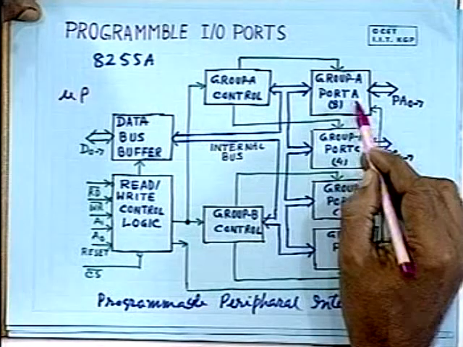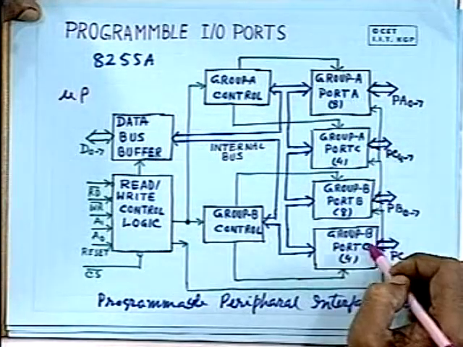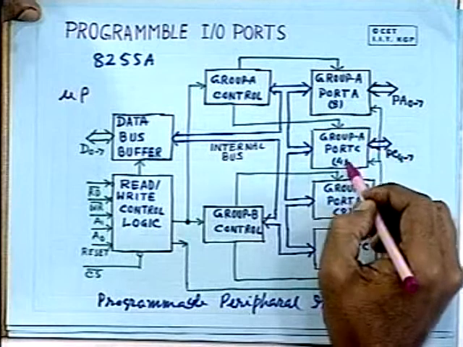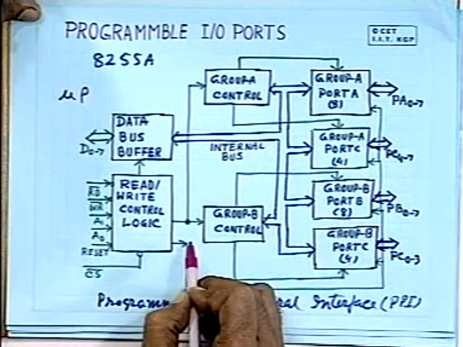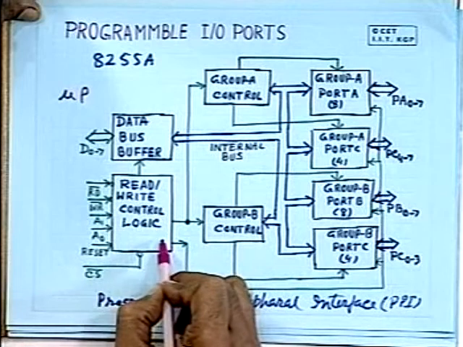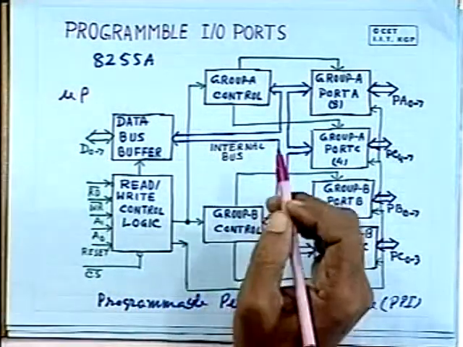Port A is 8-bit, port C is 8-bit, and port B is another 8-bit, so there are 3 8-bit ports, and there is also a control register, with the help of which the operation of this programmable device can be configured and controlled. The control registers play a very key role in programmable input output devices, because by changing the data stored in these control registers, the operation of the device can be changed.